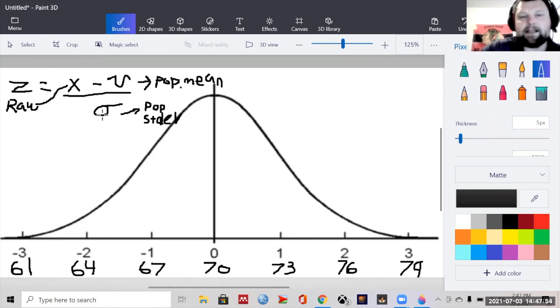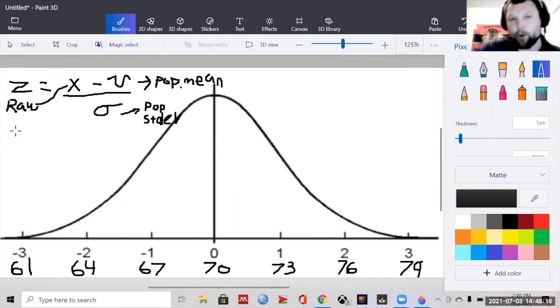This is lowercase sigma in the Greek alphabet. Generally, in statistics, your population values or population parameters are denoted by Greek letters, whereas sample statistics are denoted by English letters, like the letter X.